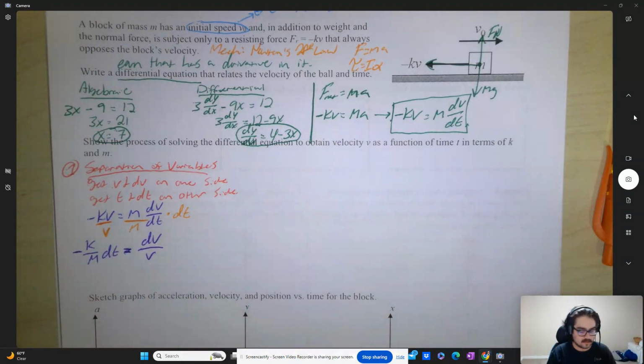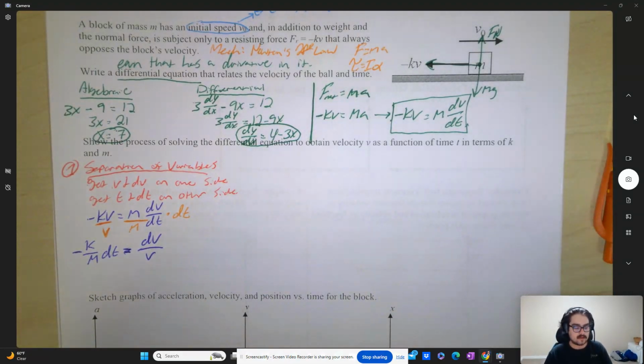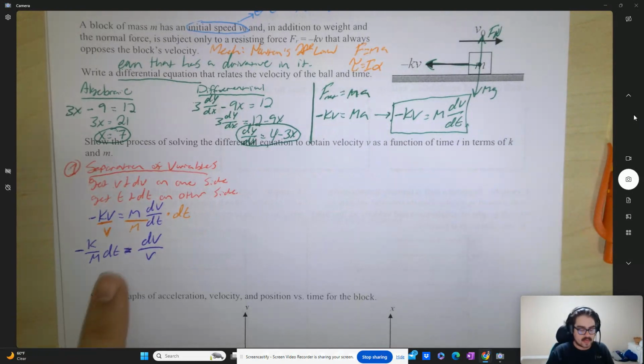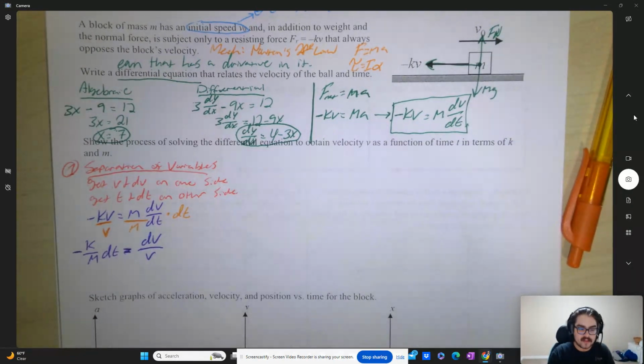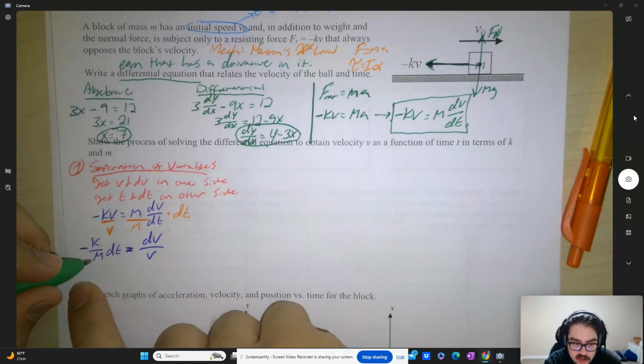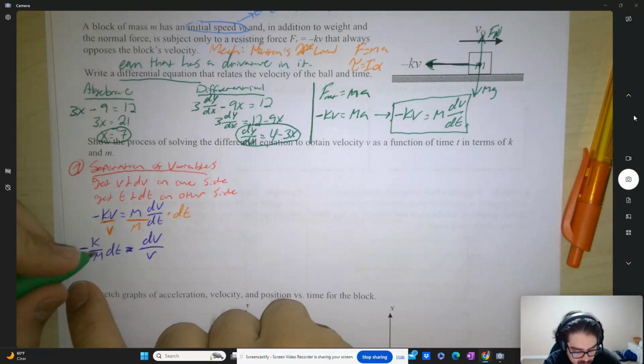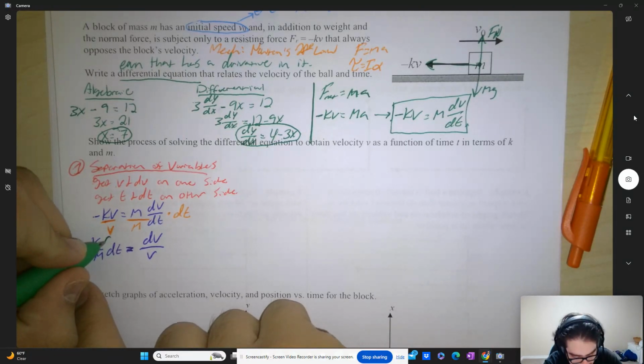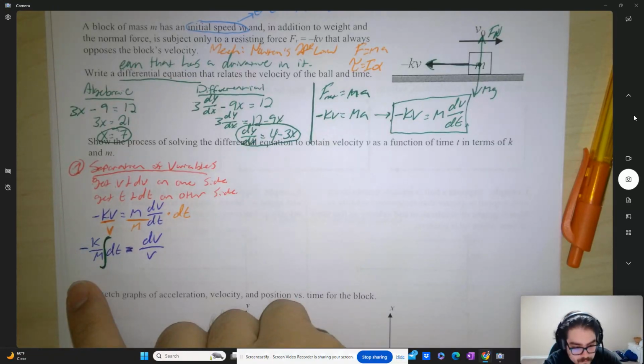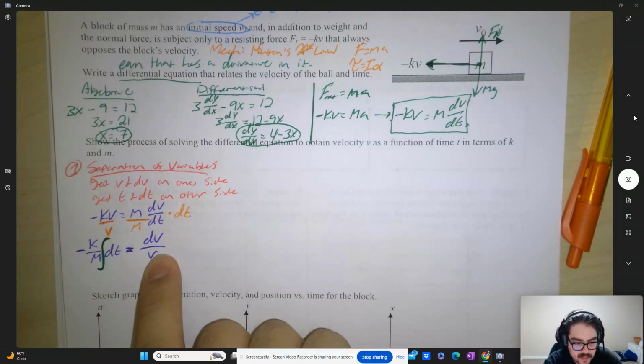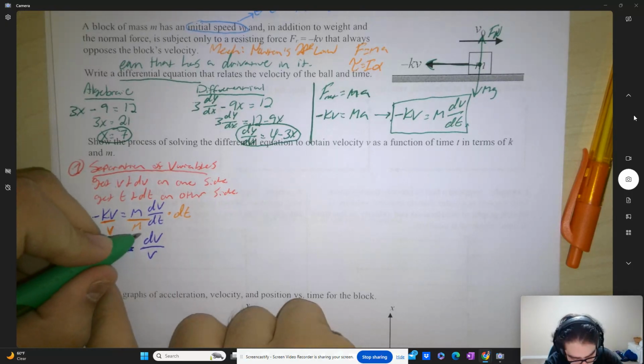Now here's something kind of cool to know: on the left-hand side, k over m is a constant, so that would actually get factored out of the integral no matter what. So I don't even have to take the integral of the whole thing. I can just take the integral of the dt and call it a day. On the other side of the equation, I can take the integral of the whole thing.